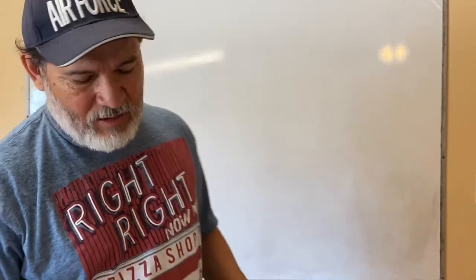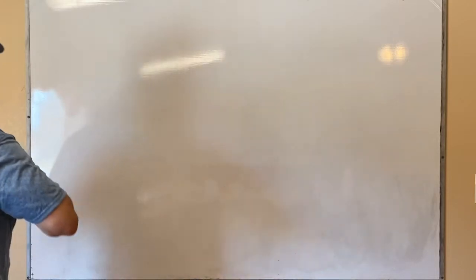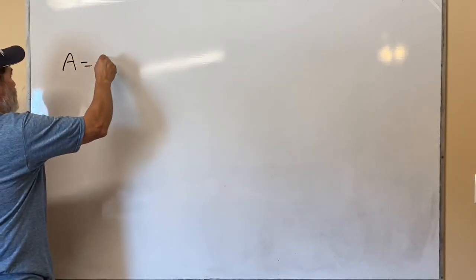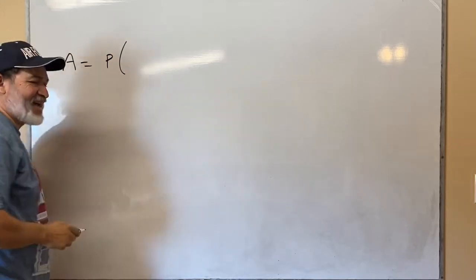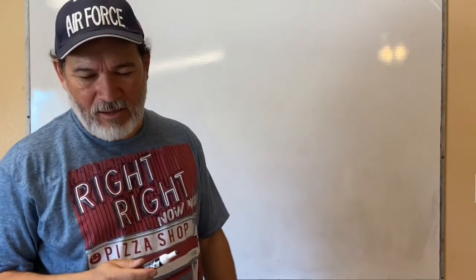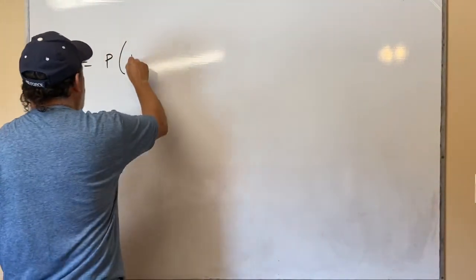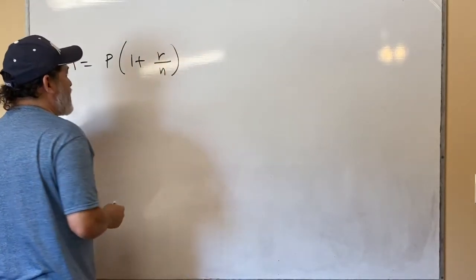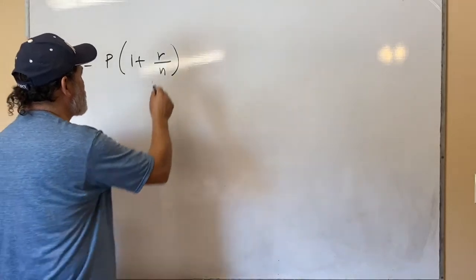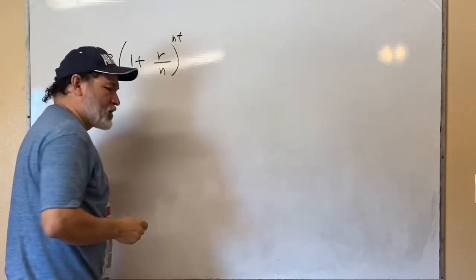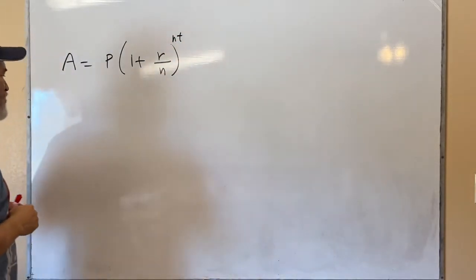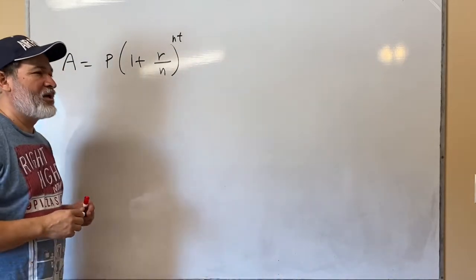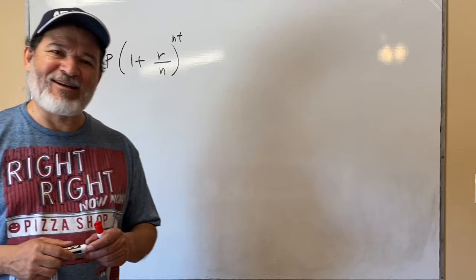Here is an exponential function. The amount equals the principal times 1 plus the rate divided by n, where n is the number of compounds, raised to the nt. This is when you invest P amount at a rate R and compound it n times.